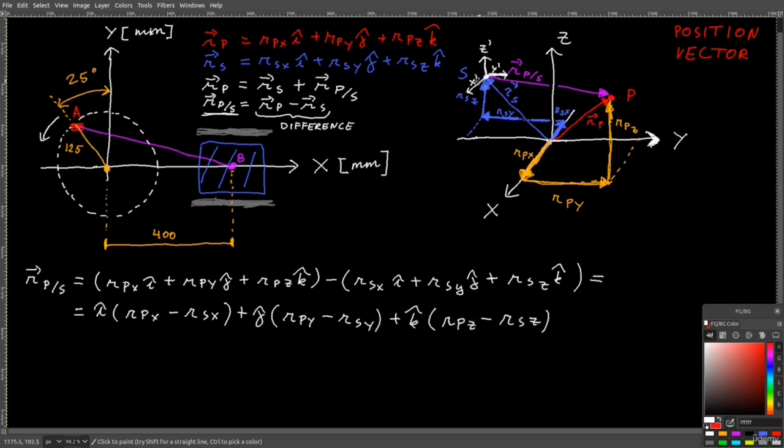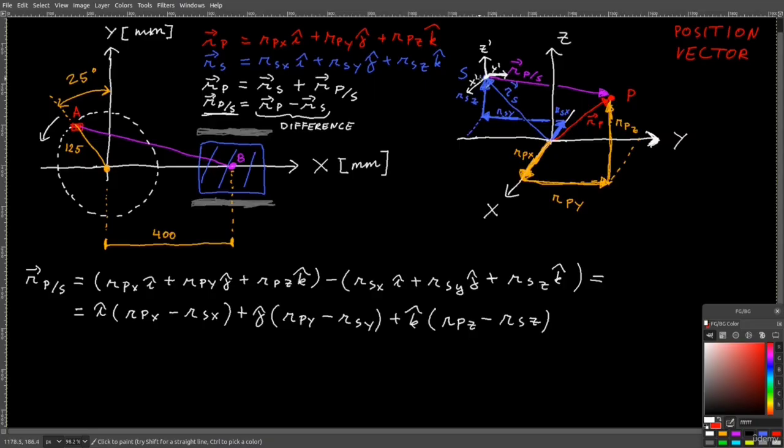Note that x' is parallel to x, y' is parallel to y, and z' is parallel to z. You haven't rotated this new frame with respect to the old one in any way. You have simply shifted the coordinate frame in such a way that the origin of it is now where the point S is. And from that new origin, I draw my displacement vector, r_p/s.